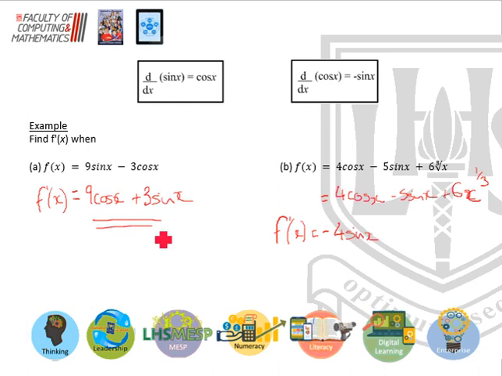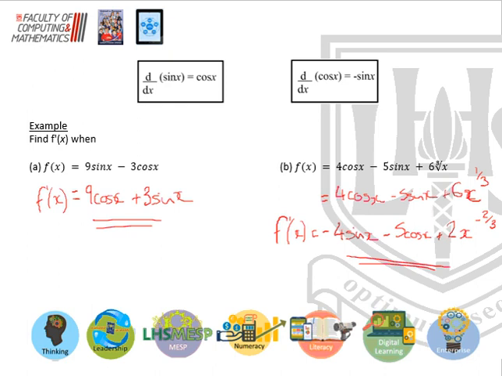Minus 5 sine x just becomes cos, so that would be minus 5 cos x. And then this just differentiates as normal: a third times 6 is 2, and decrease your power by 1, it will be minus 2 thirds. You can rearrange that back to roots and powers and so on.